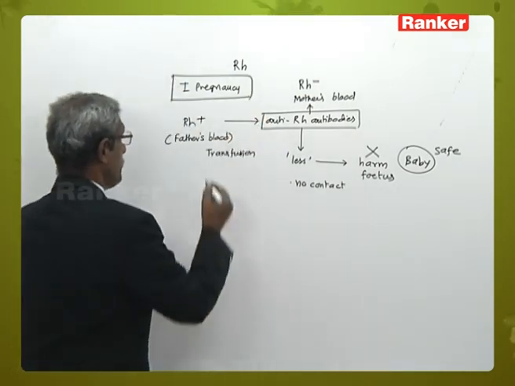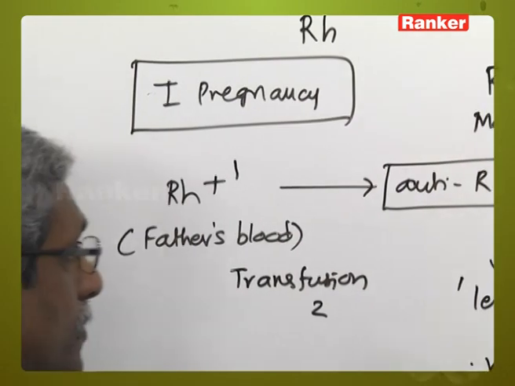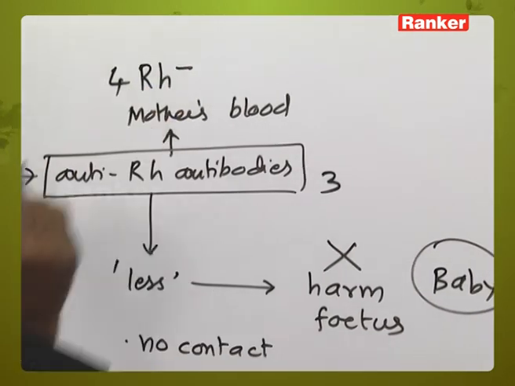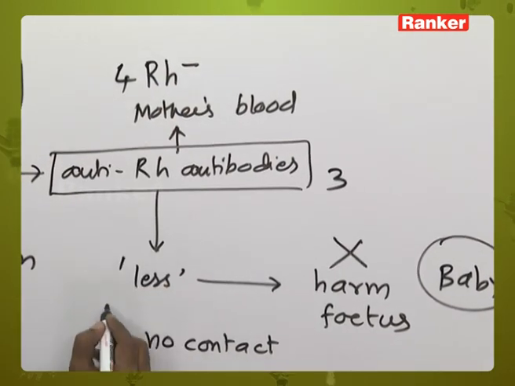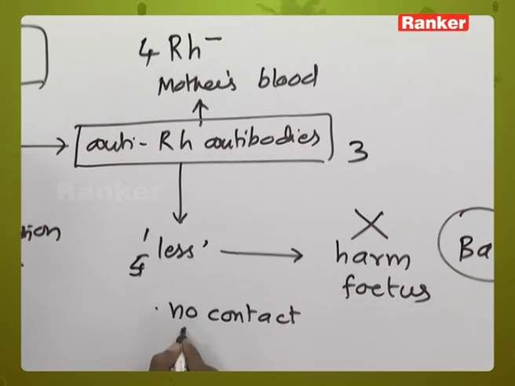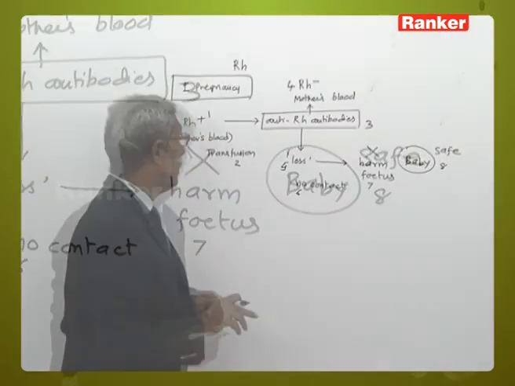So in the first pregnancy, we have Rh plus from the father's blood, anti-Rh antibodies are formed in the Rh minus mother's blood, and the antibodies are less in number. There is no contact, no harm to the fetus, and the baby is safe.